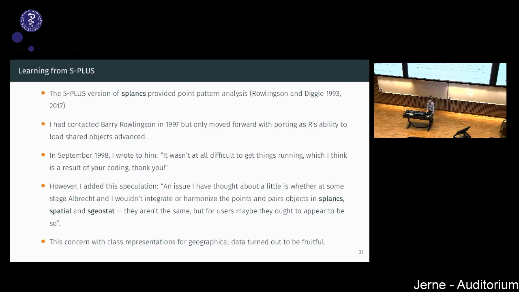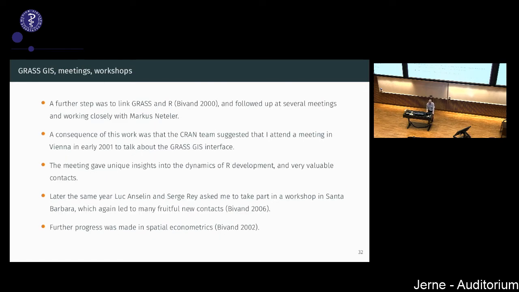And so I wrote back to an email from Barry Rowlingson in Lancaster in 1998: for users, maybe the objects ought to appear to be the same. Then work went on.